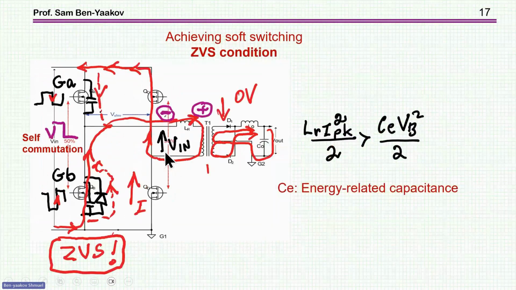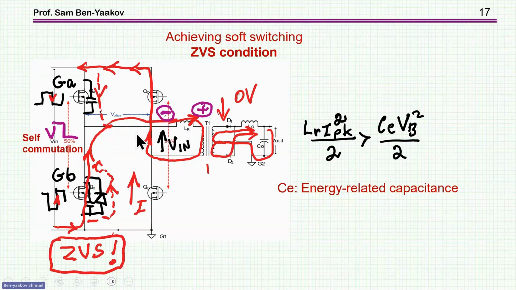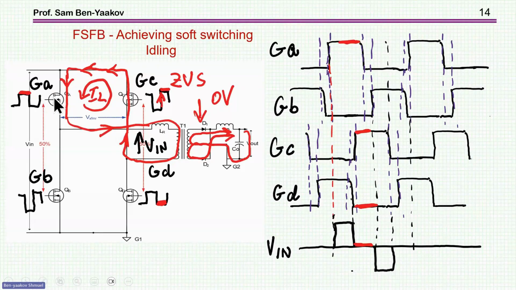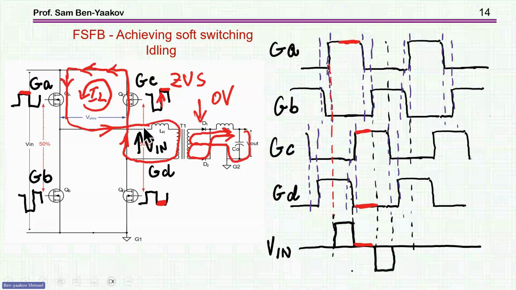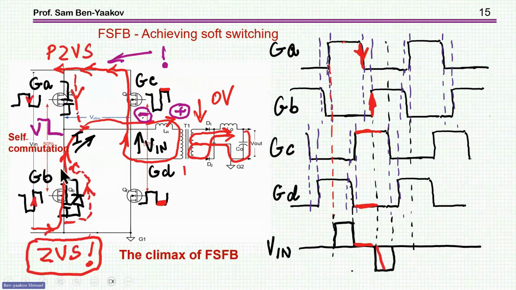Now comes the problem. Now I'm considering the very critical case in which, let me start here, after we had this circulation, I'm turning off this transistor, and I should have enough energy to move this voltage here from the high voltage to ground by charging or discharging, the way you look at it, of this capacitor.